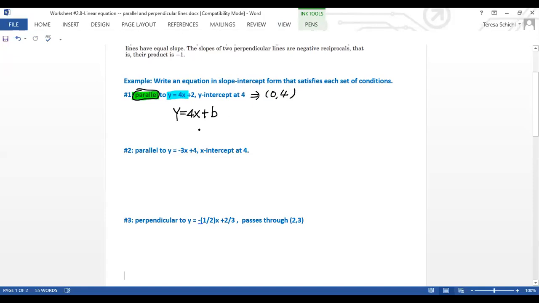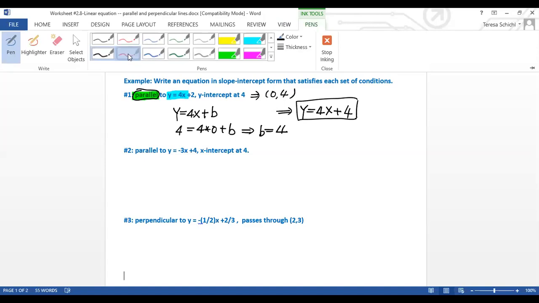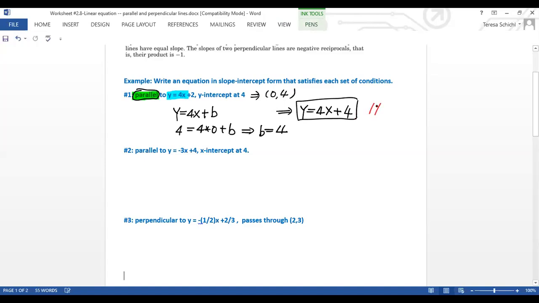So you substitute y equals 4: 4 is equal to 4 times 0 plus b. So b is equal to 4. My final answer here is y equals 4x plus 4. This is the parallel line.